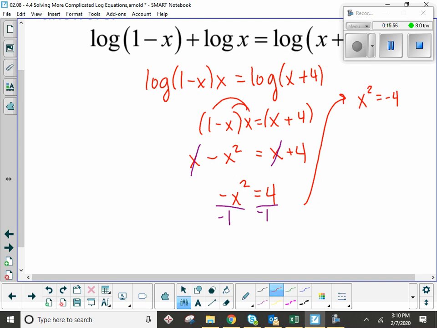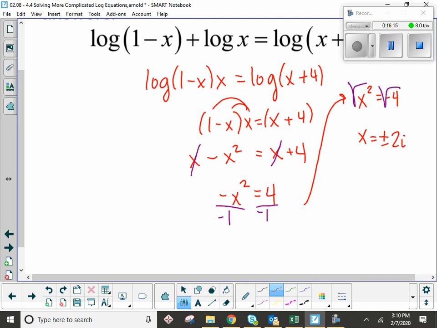And this is something I want to talk about, okay? A lot of you did this, square rooted both sides, and said x equals positive negative 2i. Now that's a thing, okay?